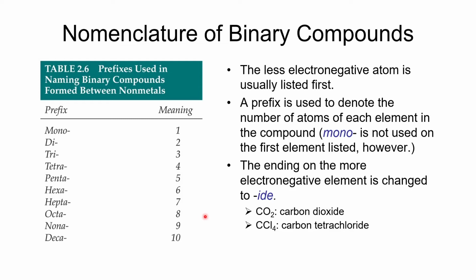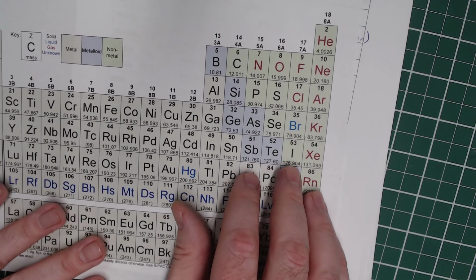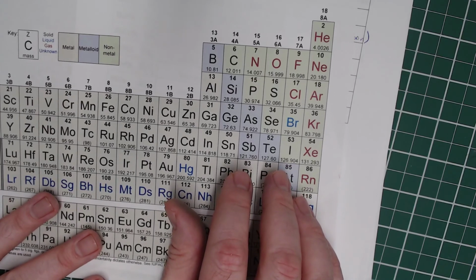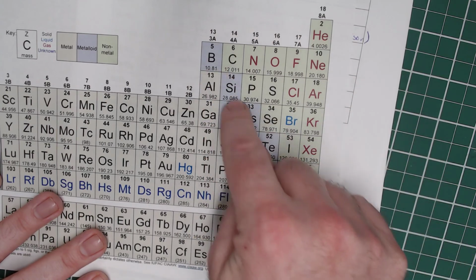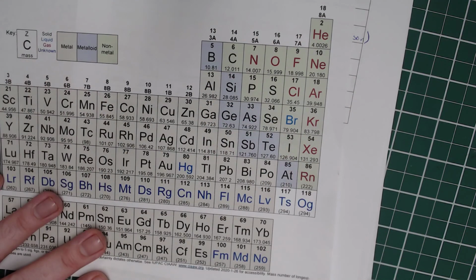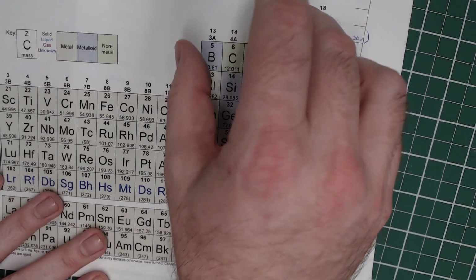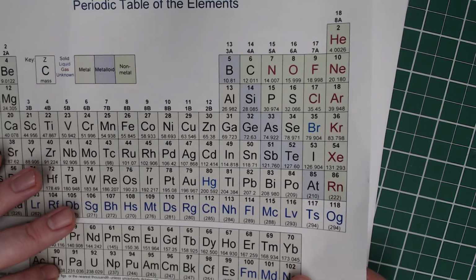So I'm going to go back over here. Mostly these binary compounds will contain either just the green things or some of the green things with some of these blue things. And if it's got the metals in it, use the ionic nomenclature. And if it doesn't, if it's just got these things in it, then you're pretty good.